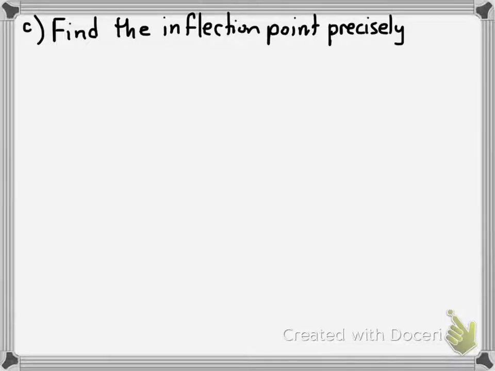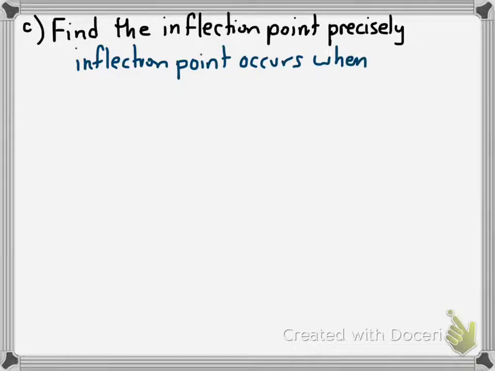And what we saw in the first part of the lecture for this section is that the inflection point occurs when the second derivative, s double prime, is equal to 0. When s double prime is positive, the graph is concave up. When s double prime is negative, the graph is concave down. And when s double prime is 0, that's where we will find our inflection points.